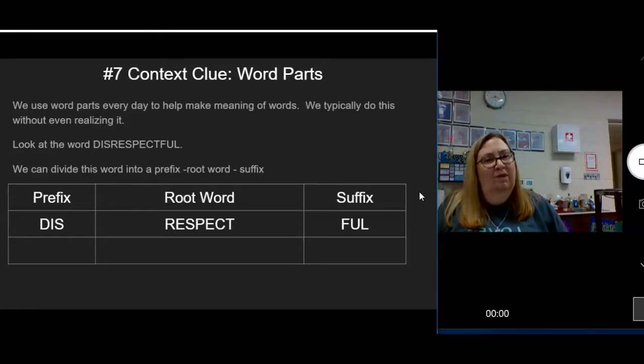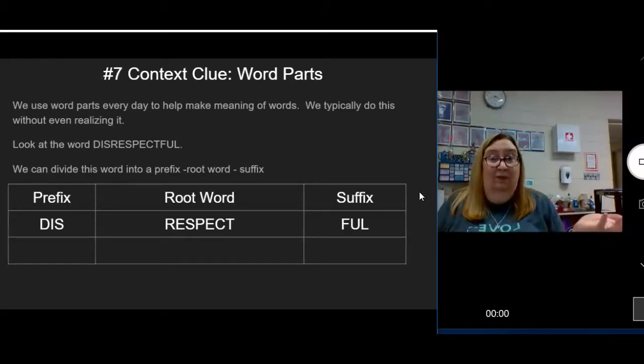Now we need to look at what each of those parts means. When I use dis, it means not. We can agree or we can do the opposite and not agree. Disagree, right? I can appear or I can do the opposite. I can disappear. I can be respectful or I can do the opposite and not be respectful, or disrespectful.